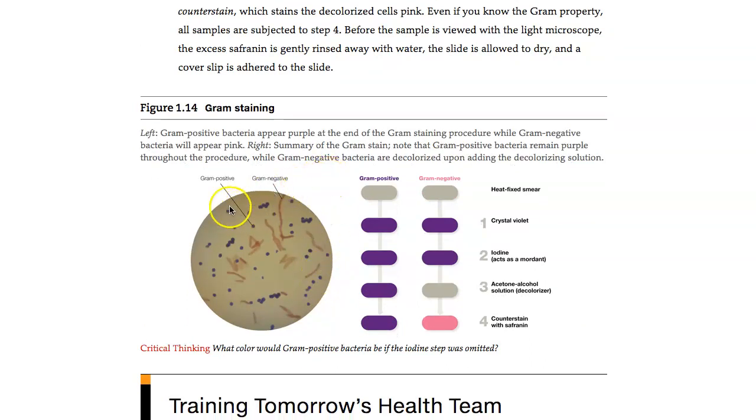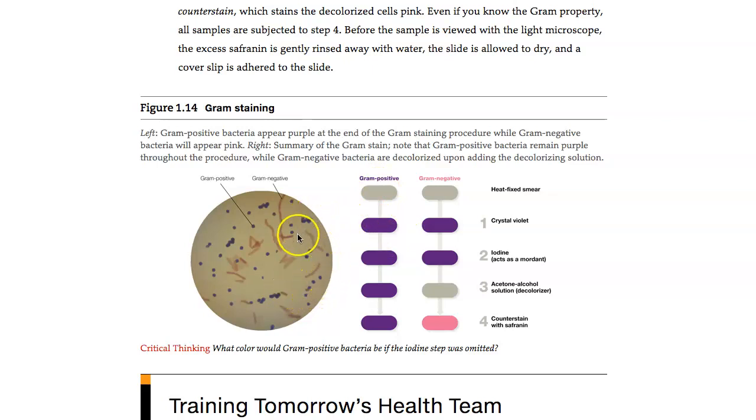So here we have some bacteria mixed culture, meaning that it contains more than one type of bacteria. And some of them are staining gram-positive, and some of them are staining gram-negative. So what do we mean by that? Well, gram-positive will stain positive with the basic gram stain, which has a purplish dye.